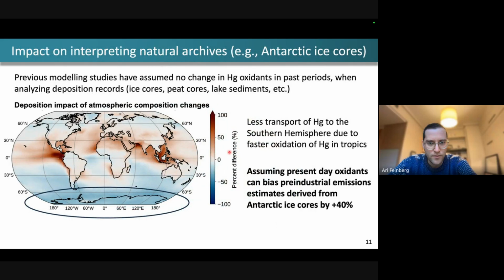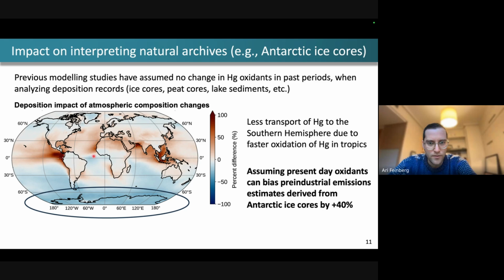I'll just briefly touch on this point. So another implication that this work might have in comparing the mercury lifetime in pre-industrial and present day is that other studies analyze mercury in natural archives like ice cores, peat cores, lake sediments, and often they assume that there's been the same transport of mercury in pre-industrial as well as present day.